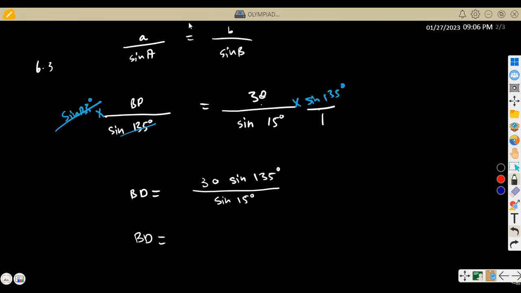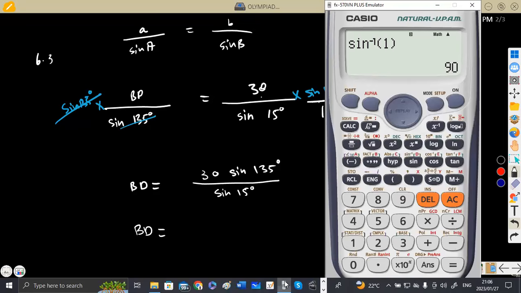I'm just going to share back the screen that we had so that you can see here. From our calculator, we just put a fraction. Make sure that your calculator is in degrees. So this is 30 sine 135 degrees, everything over sine 15 degrees.